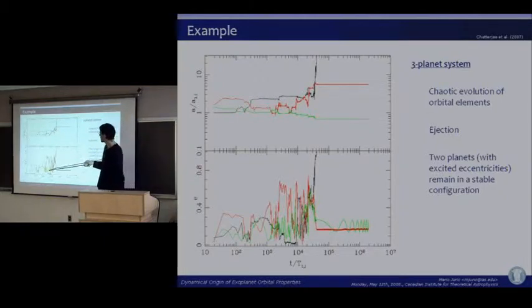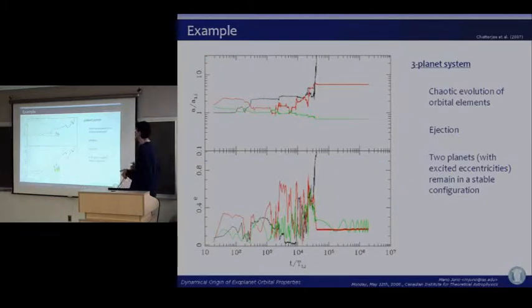You have a planetary system that starts off in an unstable configuration. Its orbital elements start varying randomly, chaotically evolving. What you see here is the semi-major axes. And then at this point, the black planet has a close encounter with the red planet, and the black planet is ejected. The system is left with only 2 planets that are far apart and stable, and the only thing you have is this evolution of eccentricity down here.